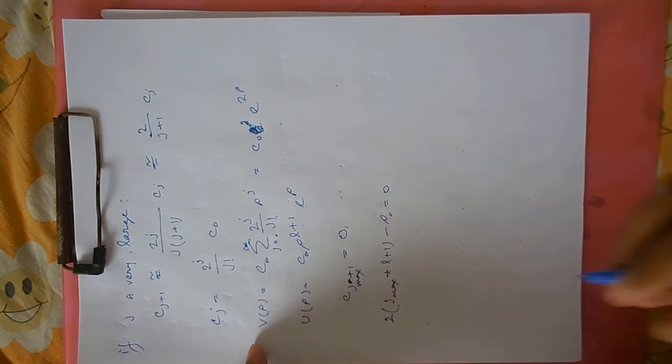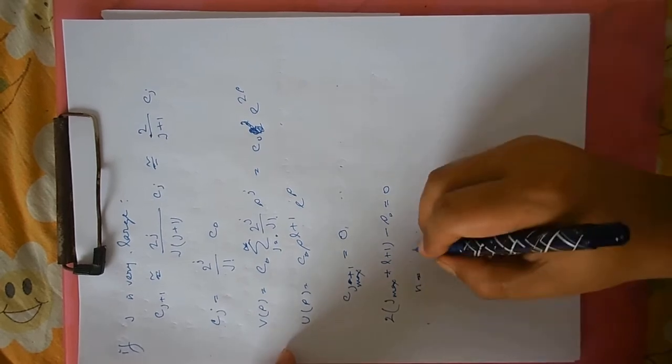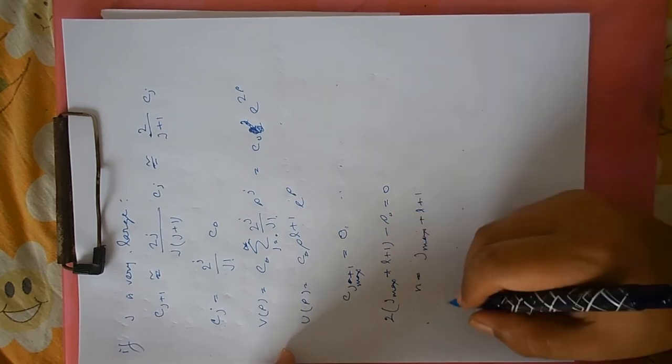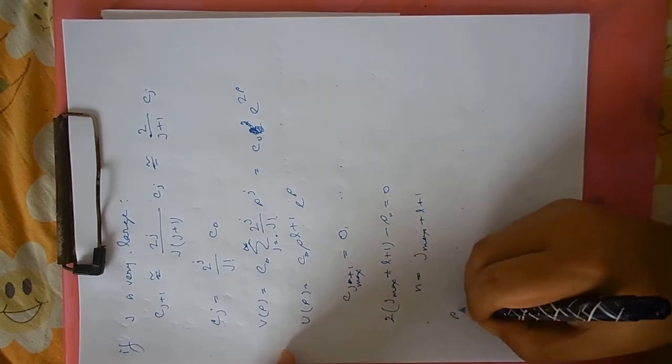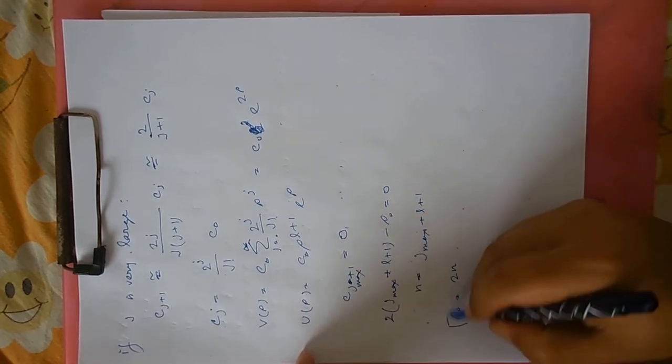Right, fine. So if you now think about n equals to j max plus L plus 1, this term, the only thing you will get is that rho 0 equals to 2n, right? Just replace this one and you will get this term.